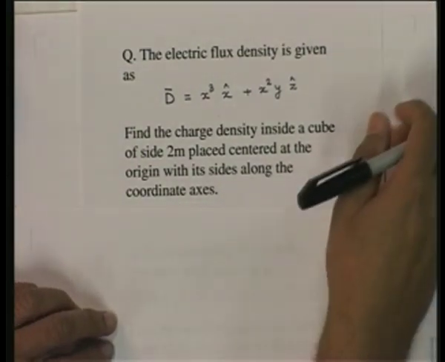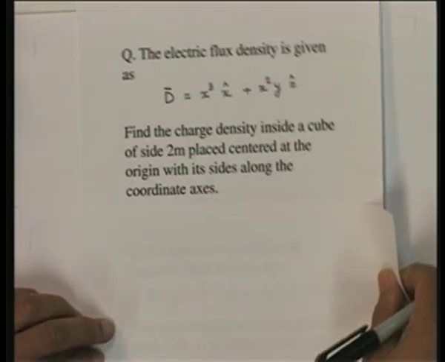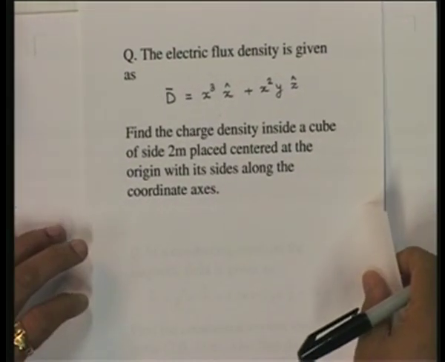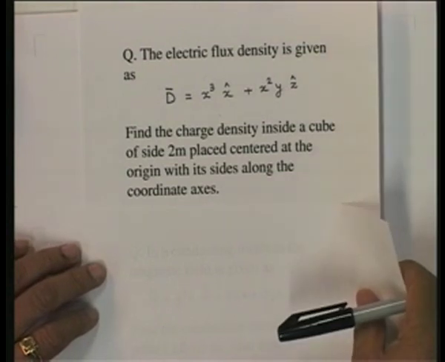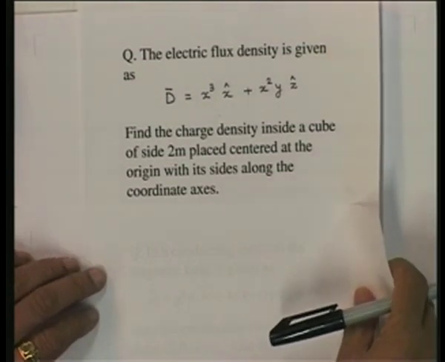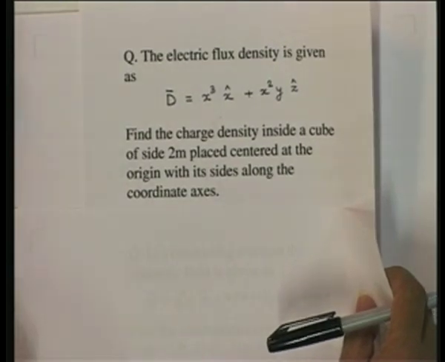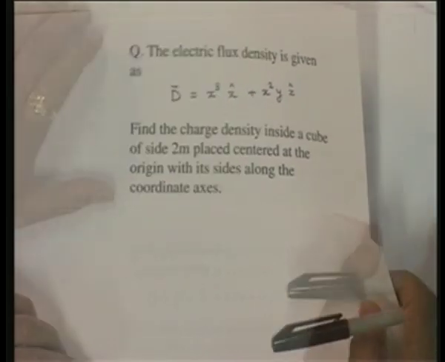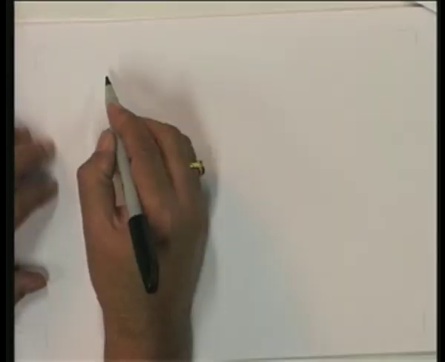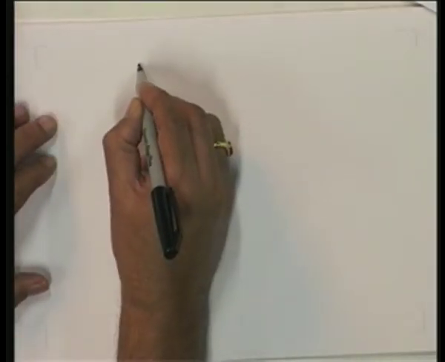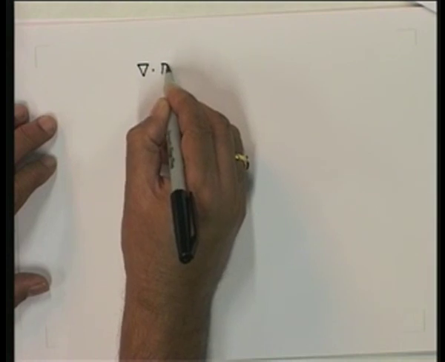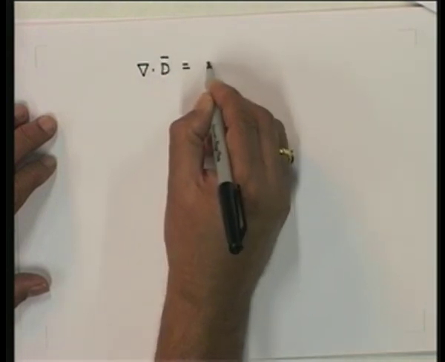So, now we can apply the Gauss law in the differential form to find out first the charge density, and once you get the charge density, then we can find out the charge enclosed inside the cube. So, firstly we know from the Gauss law that del dot D is equal to the volume charge density rho.